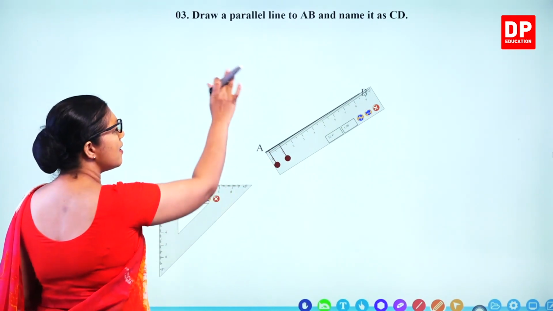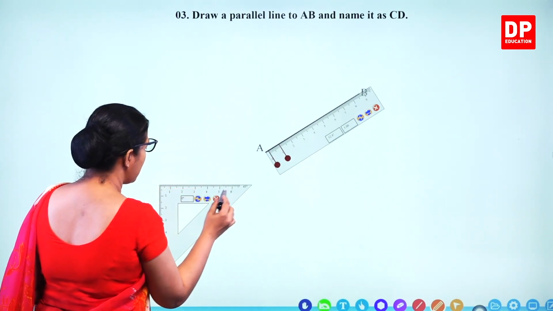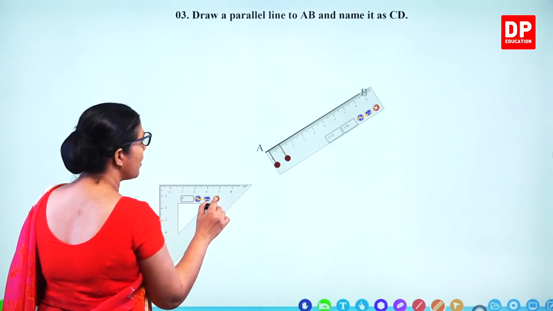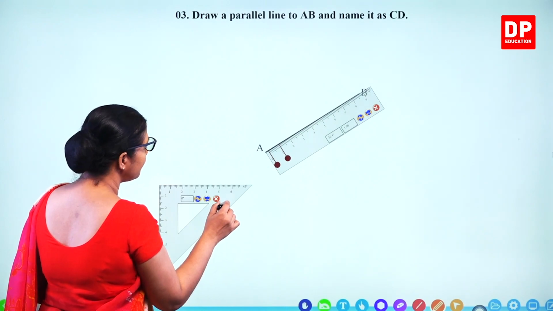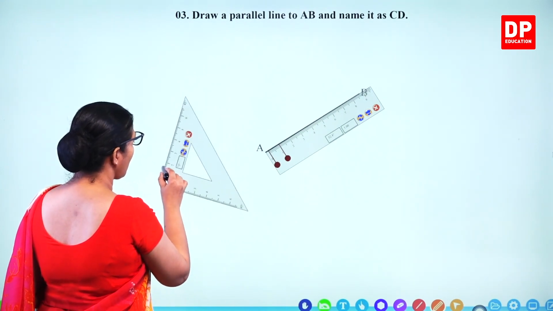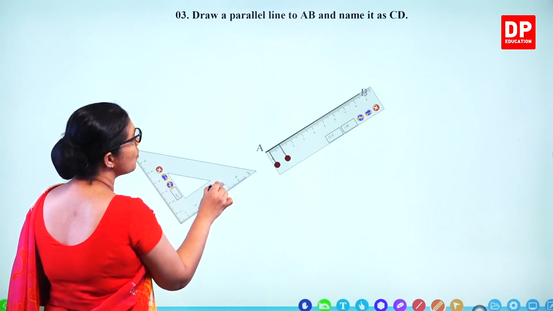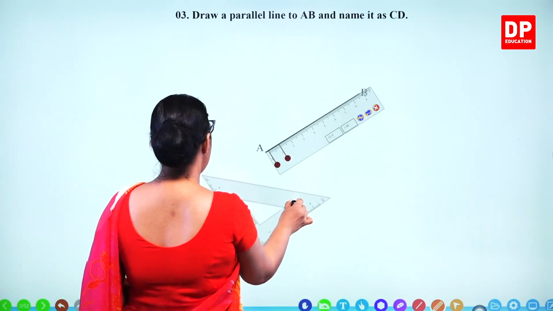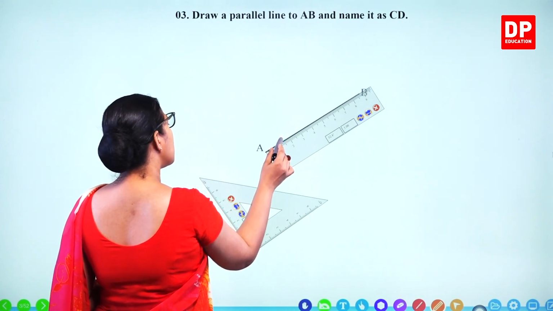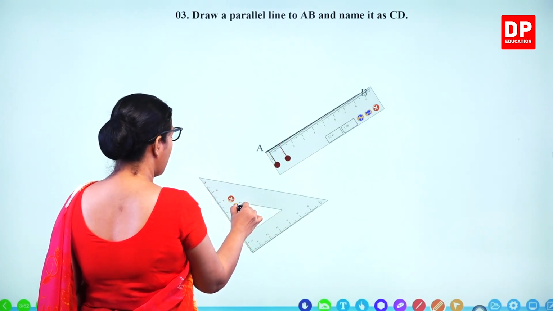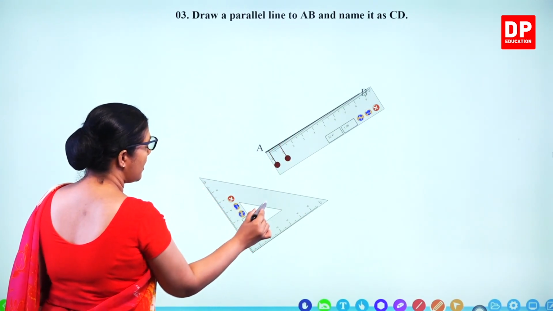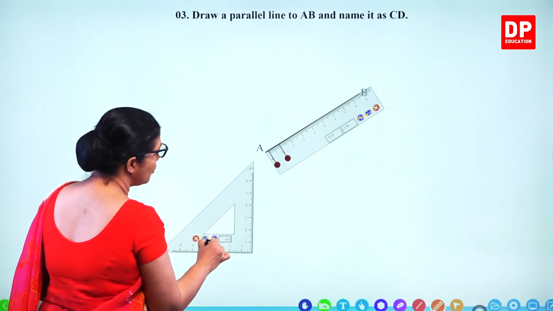So we'll take this side, the lower side. What you do is take the set square and keep it here. So here to this side, I'll change it here.